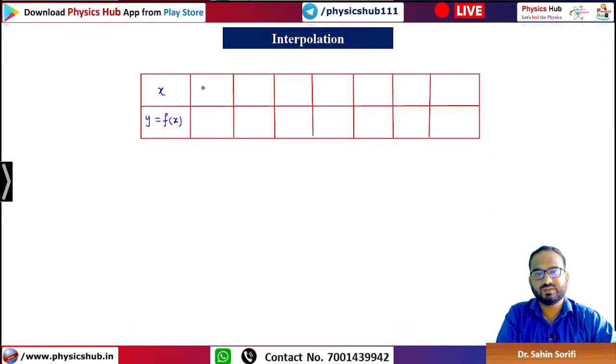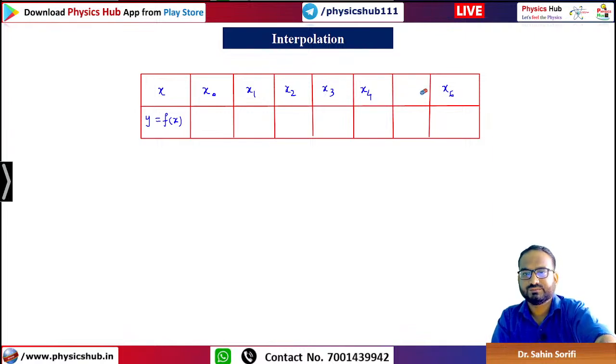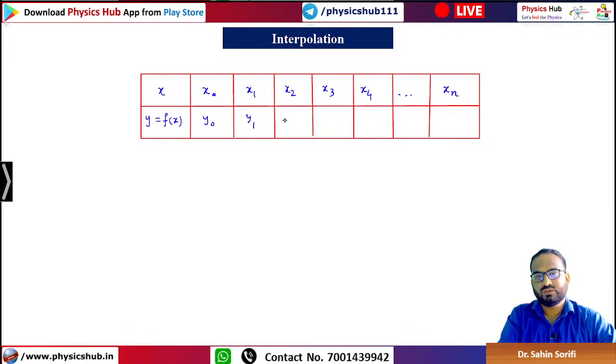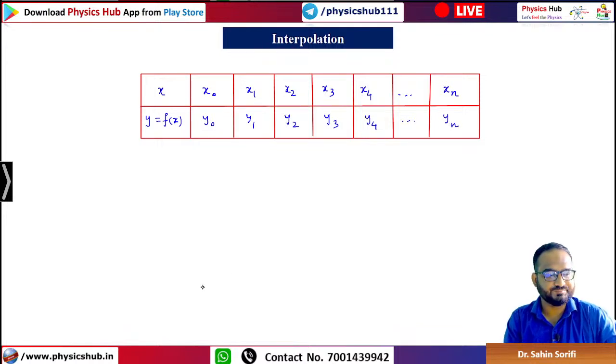It will start from x0, x1, x2, x3, x4, x5, x6, and so on. Let's say n number of values are there up to xn. Correspondingly, the values of y are y0, y1, y2, y3, y4, and so on up to yn.